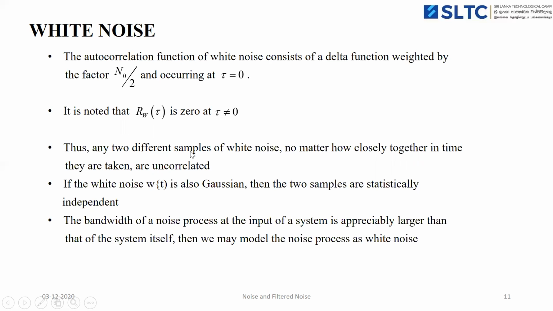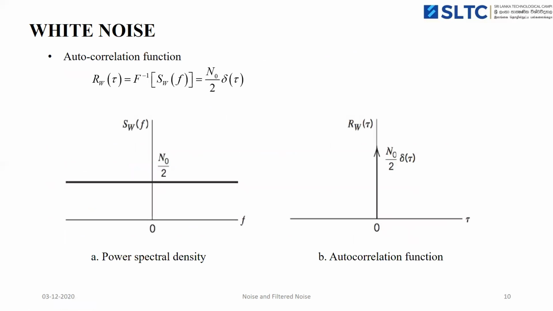Here we can note down the relation between the power spectral density and the autocorrelation function of the white noise. As I mentioned, we can't directly find the inverse Fourier transform for the power spectral density of the white noise, because it becomes infinity.